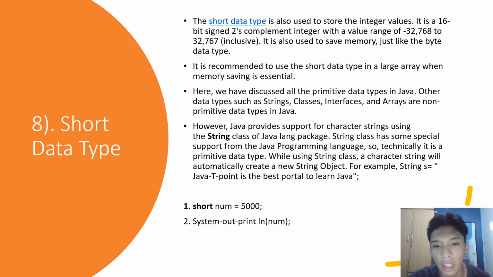While using the String class, a character string will automatically create a new String object. For example: String s = "Javakeypoint is the best portal to learn Java"; short number = 5000; System.out.println(number).